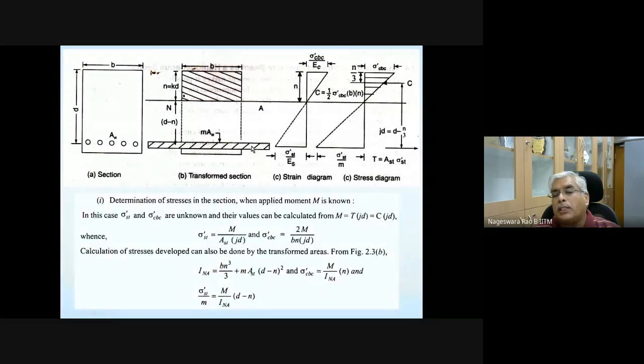What about the steel? Yesterday we discussed that the centroid of the steel is away from the neutral axis by a distance d minus n. So the contribution of this steel to the total moment of inertia is the moment of inertia of the steel about its own axis plus the area of the steel, that is m times Ast, multiplied by the square of the distance of its centroid from the neutral axis, which is d minus n.